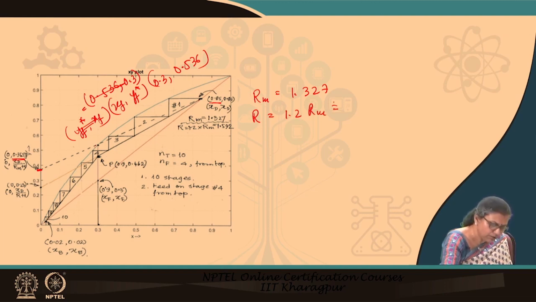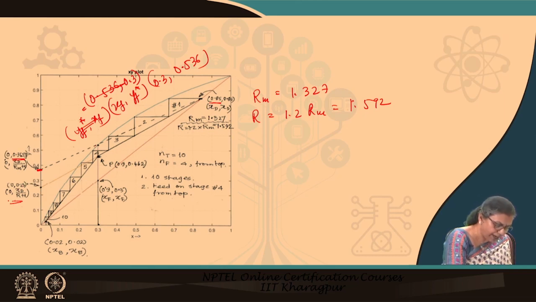We had decided that we will be working with 1.2 R m. So, therefore, we will be working with R of 1.592. Now, for this particular case, again we start in the same way. We start with the same distillate composition, and then we extend it to the y intercept of XD by R plus 1, XD equals 0.85, R is equal to 1.592.